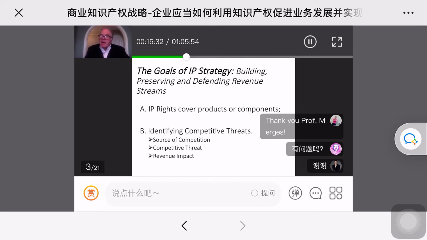When you think about that possibility, you want to think about three issues. The source of the competition: is it another big company? Is it a new entrant? Is it a big company that's moving into a new market, one of your established markets? You also want to think about the degree of the threat. How big of a threat is this potential entry? What kind of erosion or negative impact could this entry have on your revenue stream?